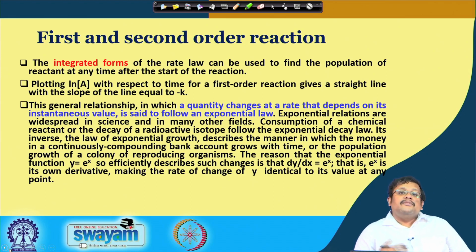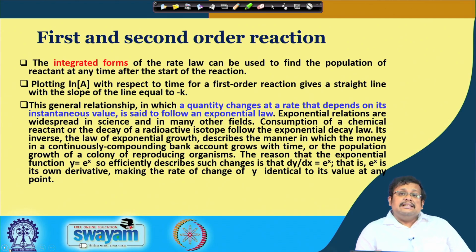Remember, consumption of a chemical reactant or the decay of a radioactive isotope, all of these follow exponential decay, and its inverse, the law of exponential growth, describes the manner in which the money in a continuous compounding bank account grows with time, or the population of any colony of reproducing organisms like bacteria. So, bacteria follow exponential growth.